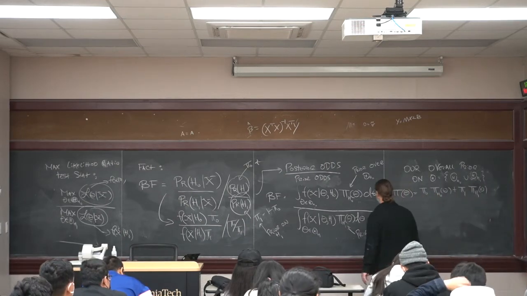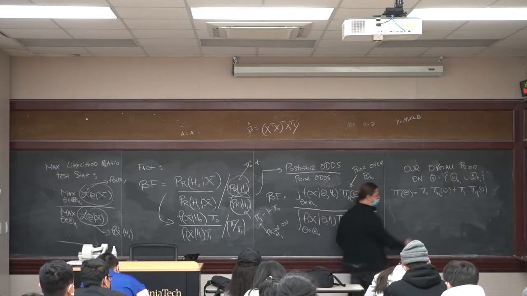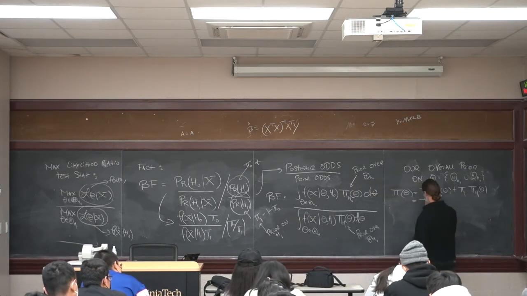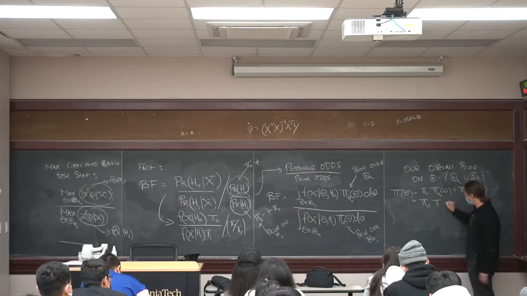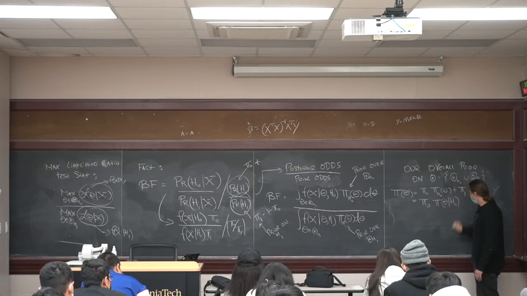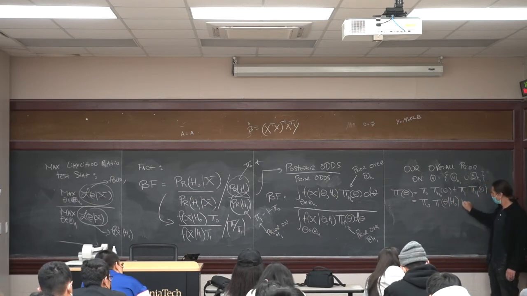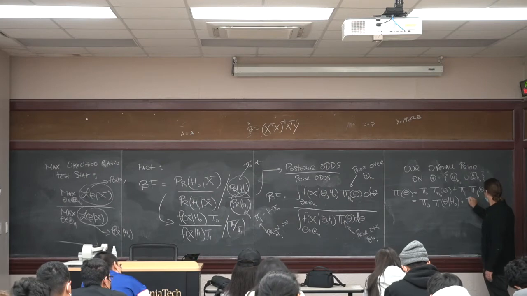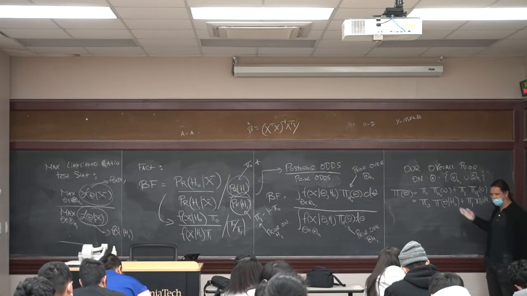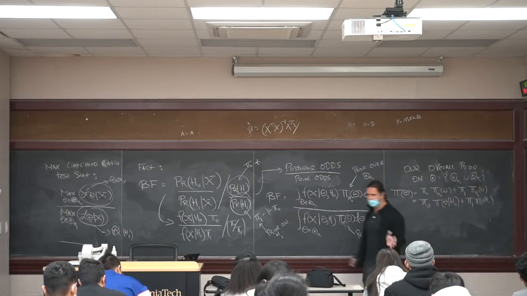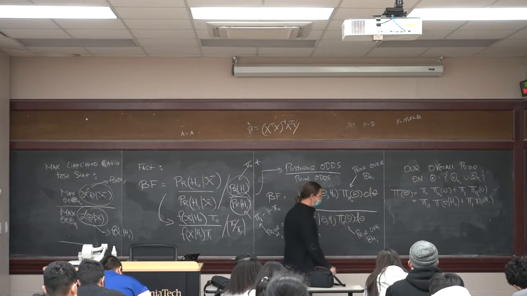So if I wanted to think about this, instead of writing it out like this, I could write down pi naught, just to always think about having the right notation. This is going to be pi(theta given h naught). So that's how I'm thinking about this, plus pi 1 times pi(theta given h1). This is just notation telling us how we're constraining the model, how we're constraining those two different spaces.